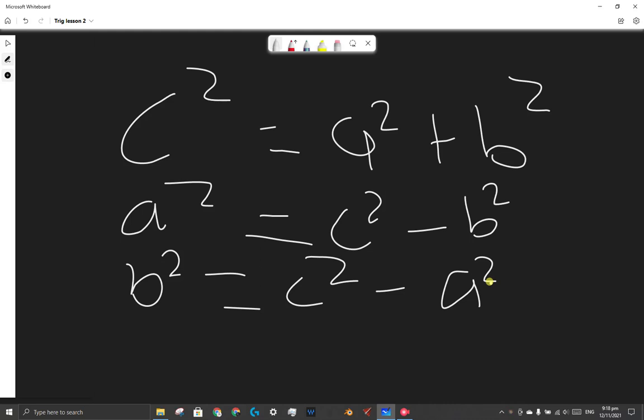So you've learned how to substitute the formula as well as you've also reinforced on being able to correctly label the sides of a right angle triangle.